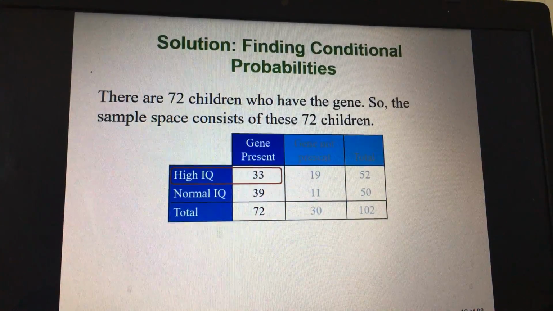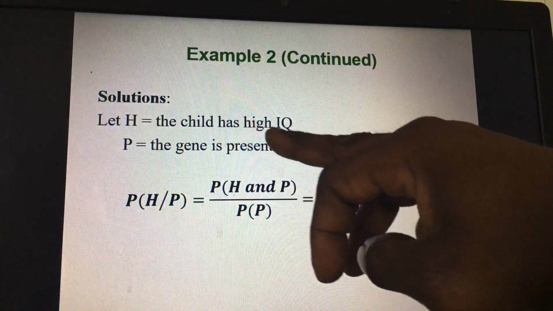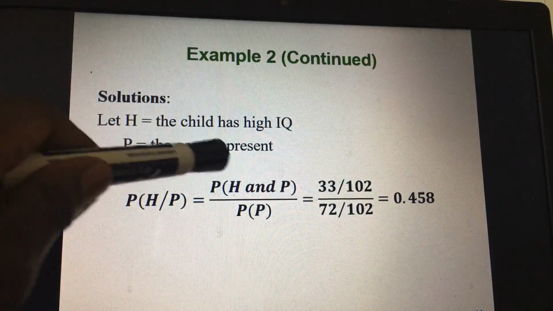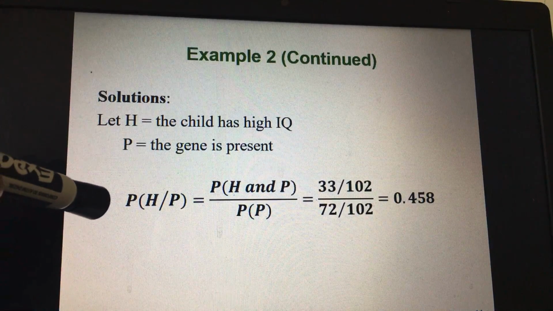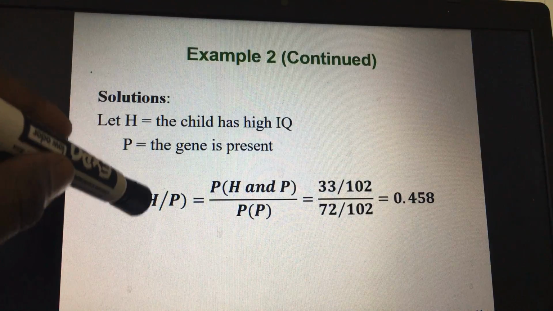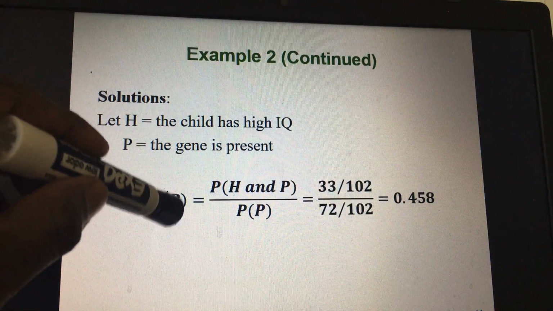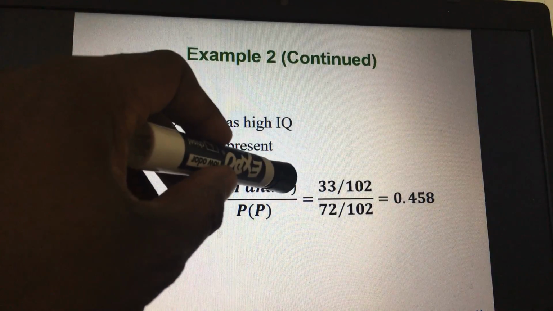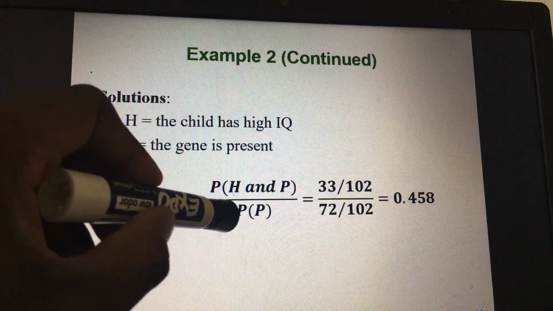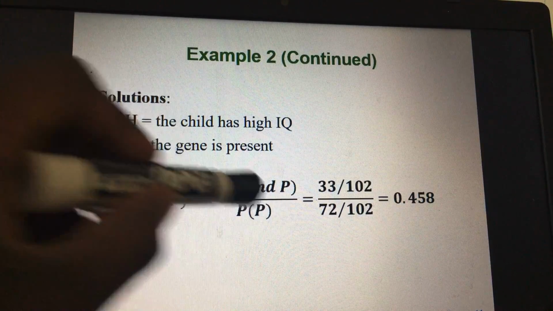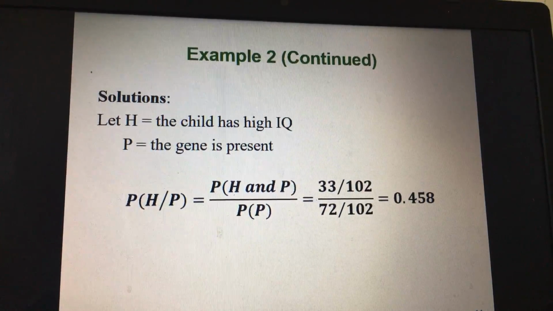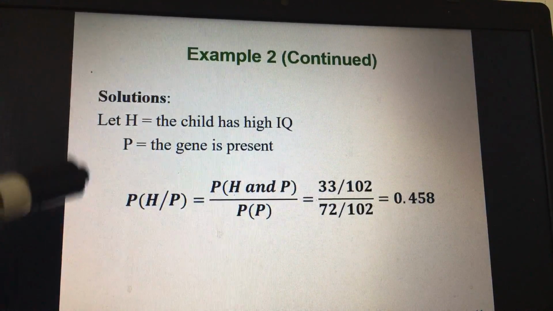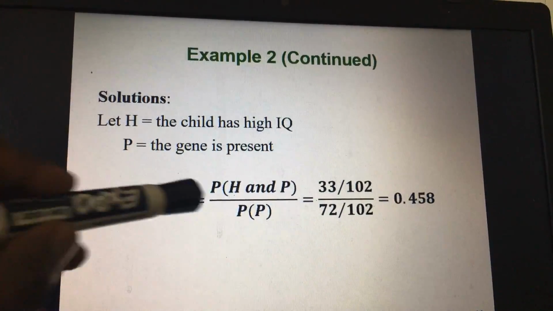Let us use H for the child has high IQ, and P for the gene is present, so the probability of H given P is equal to the probability of high IQ and the gene present divided by the probability of the gene present. First, let us find the probability of high IQ and gene present. Remember that it is at the intersection of H and P.